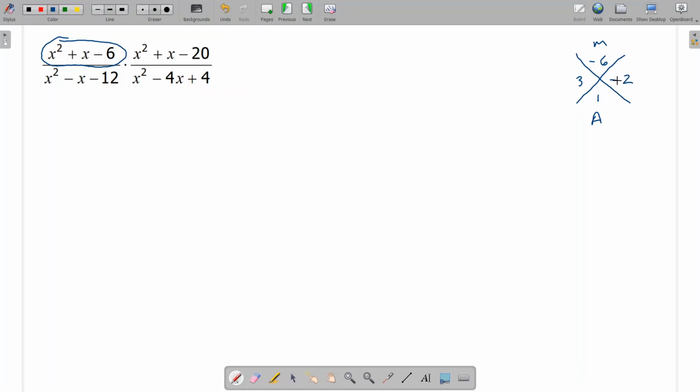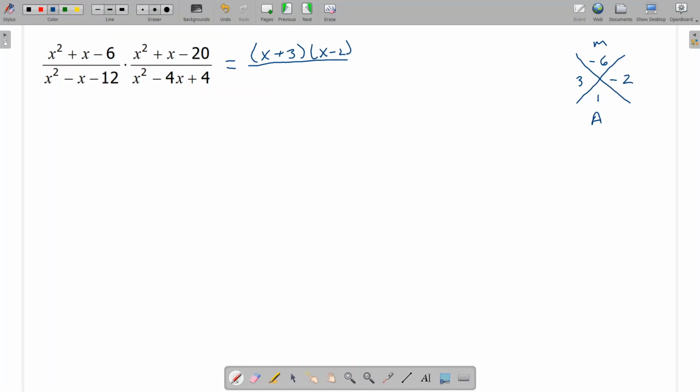So let's go back and let's do that factoring to each of these numerators and denominators and see what we end up with here. So we already factored that first numerator. We said it's x plus 3 times x minus 2. Okay, the denominator, we'd be looking for two numbers that multiply to -12 and add to -1.